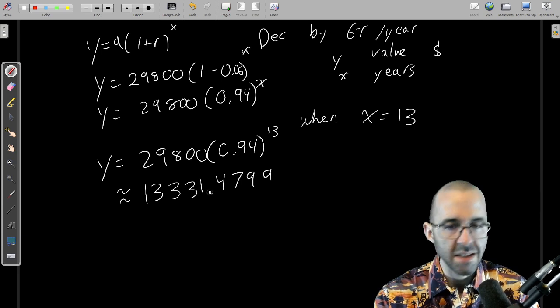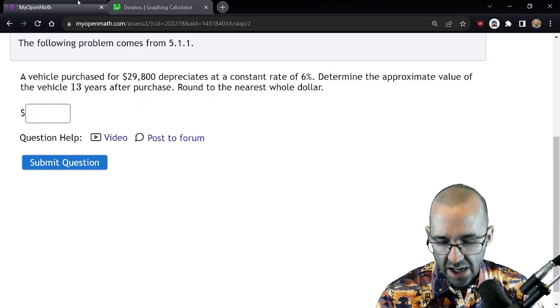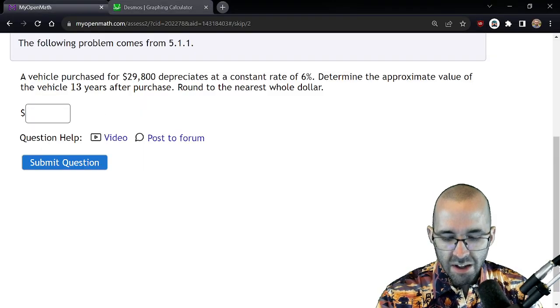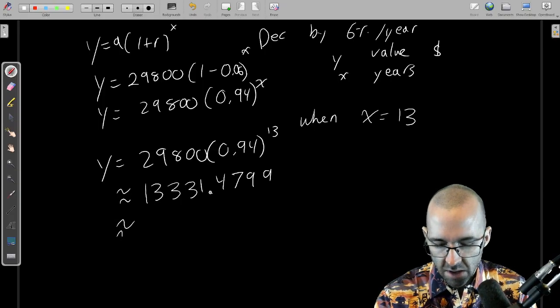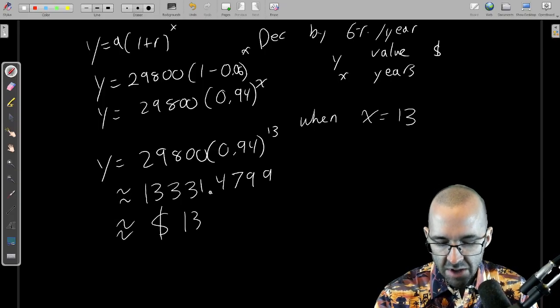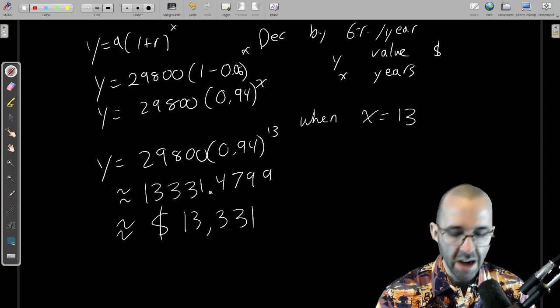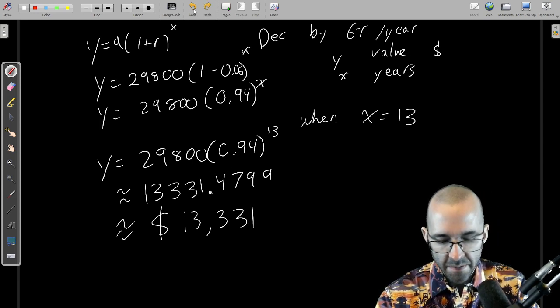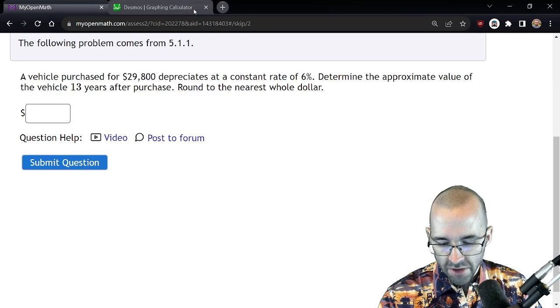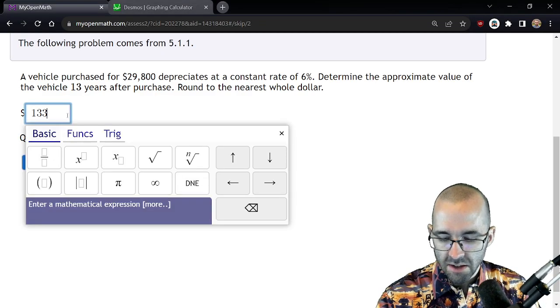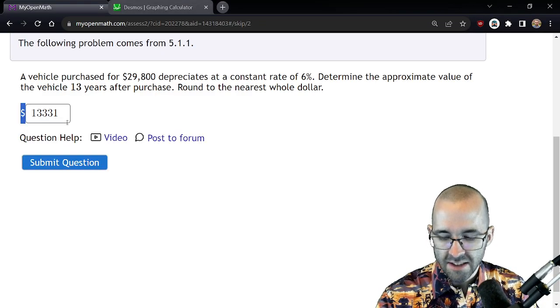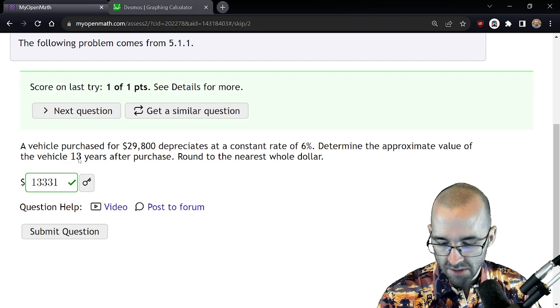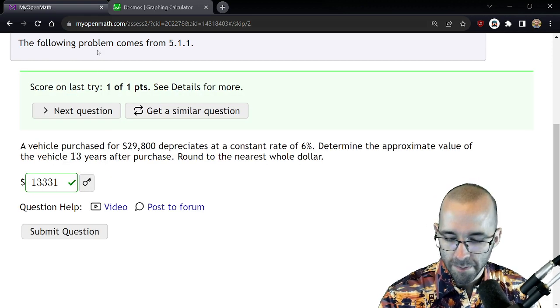I don't remember how many decimal places it wanted. Let's check. Round to the nearest whole dollar. So that's about $13,331. We're going to round down because this is a 4. 13,331. Let's see if it likes it. It already has the dollar sign there. That's good. Hey, we got it.